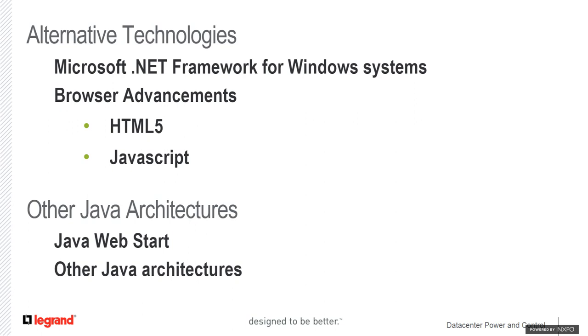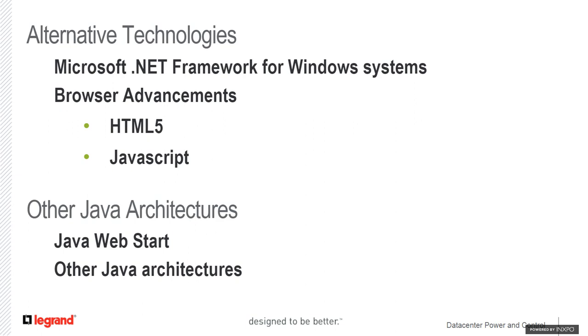Okay, so now there are alternative technologies that can be used. Microsoft has a similar type of technology called the .NET framework, which is available for different Windows systems. So we'll talk about that a bit. That is a technology that we do use and make use of.